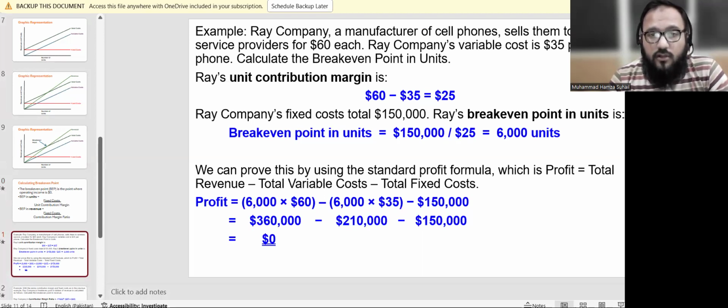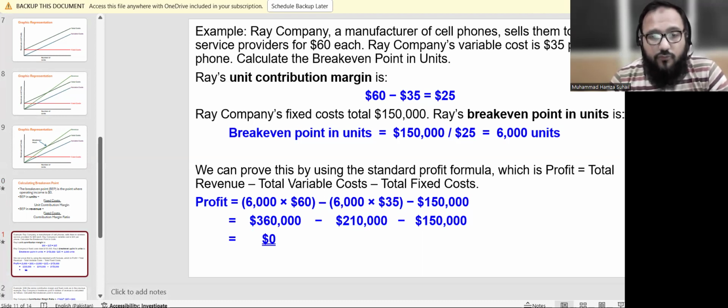And now the total fixed cost is $150,000. This is the additional information you can find in the third line after the contribution calculation. So provided that $150,000 is the total fixed cost, we divide it by $25, and this will give us 6,000 units. Now if you want to prove it, the proof you can see in the last paragraph of this slide.